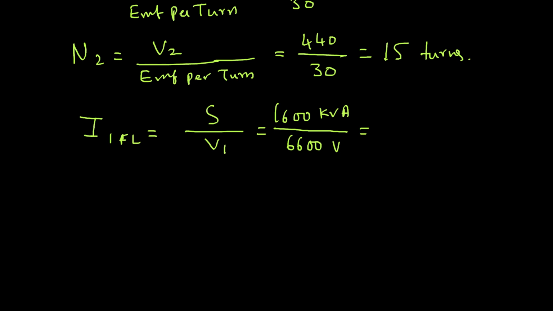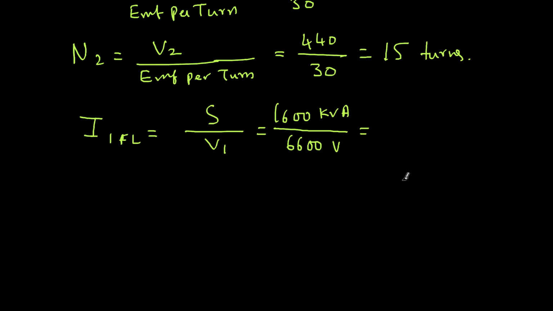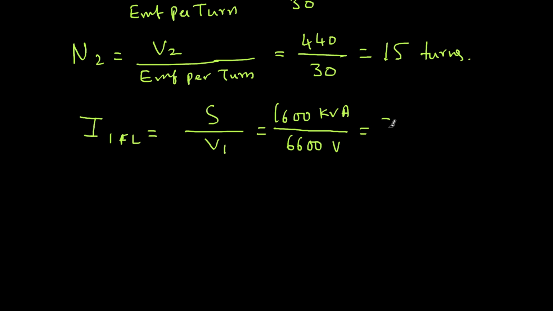So 1600 divided by 6600 is 0.242 kiloamperes, which is nothing but 242.4 amperes.